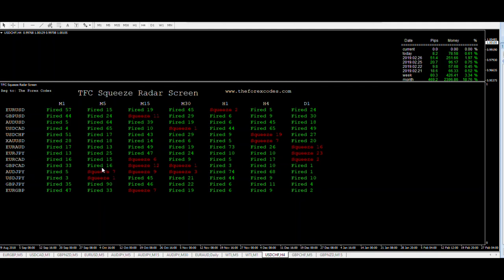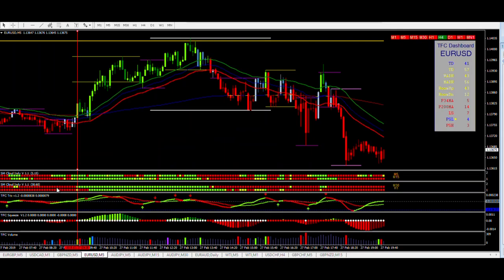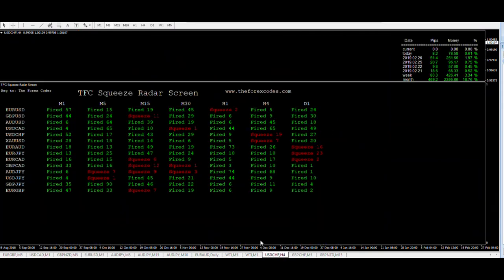And when it fires off and the squeeze goes white, it gives us the green part. Look at the here. There's your red part. You got 4, didn't you? And then it fired off and went green, and that would have showed on here on the radar screen.